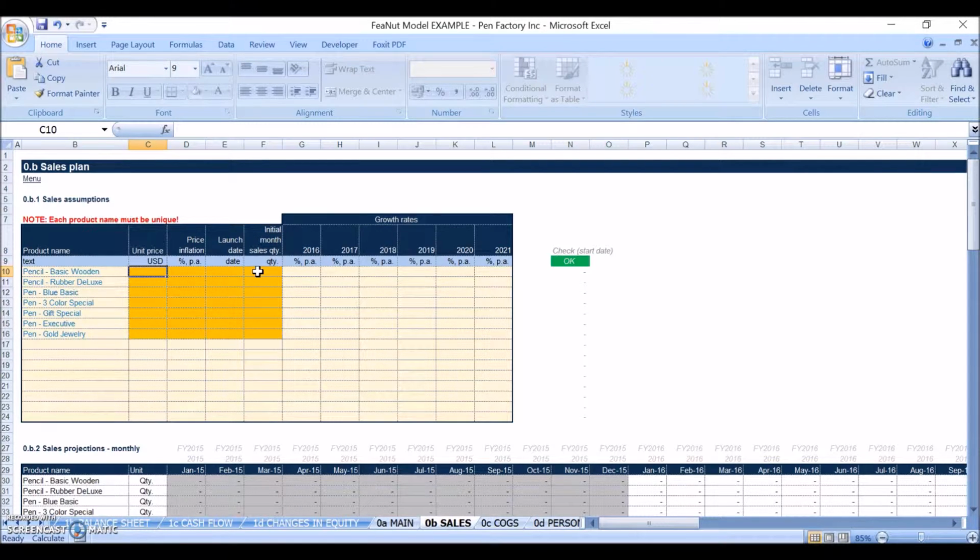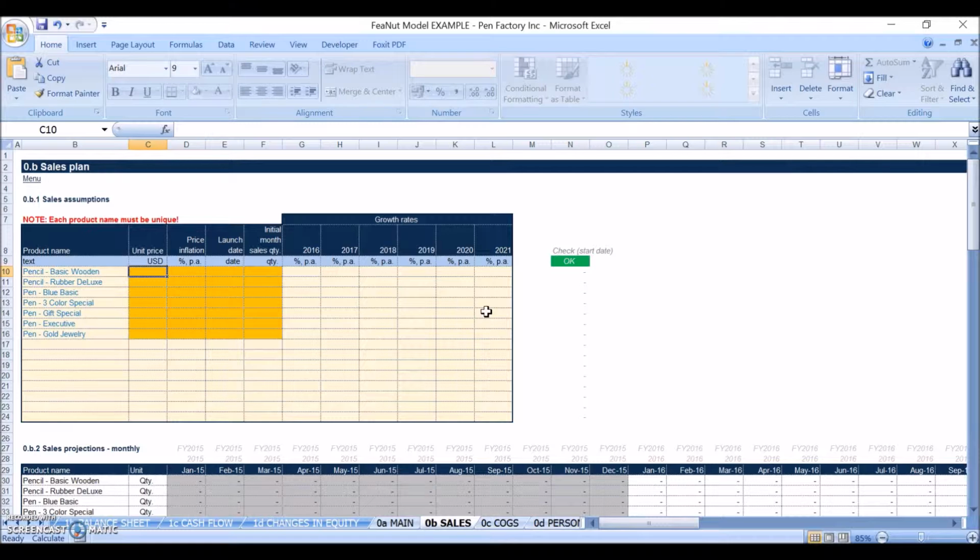That means how many units of that product will you sell in the first month. And then for these individual years in here, you will provide an annual growth rate of your sales quantities, where the model will take the initial quantity and will increase it in a linear fashion for these individual years.